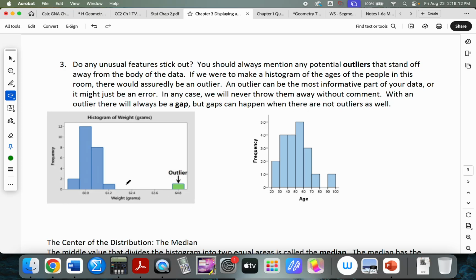So when you have an outlier, there's always going to be a gap. But just because there's a gap doesn't mean that this is an outlier. Right? So if there's a gap, but you don't think it's an outlier, just note, there's a gap in age between 80 and 90. There is nobody in the 80 to 90 group.